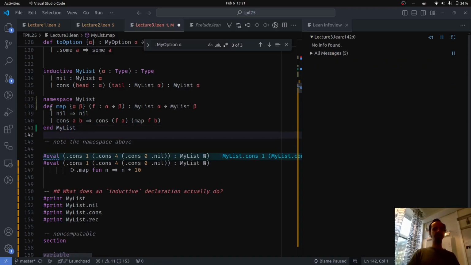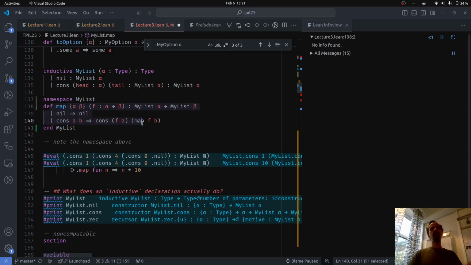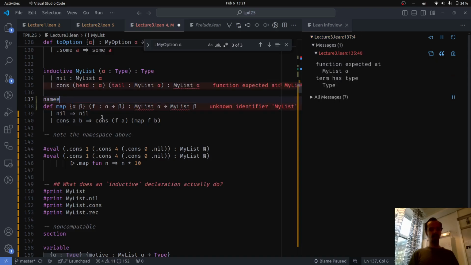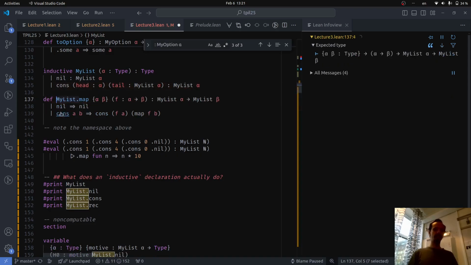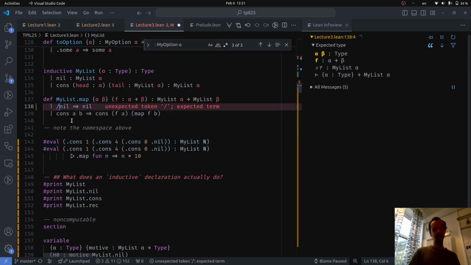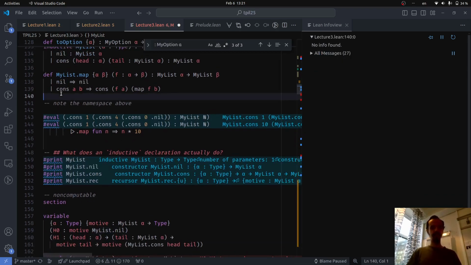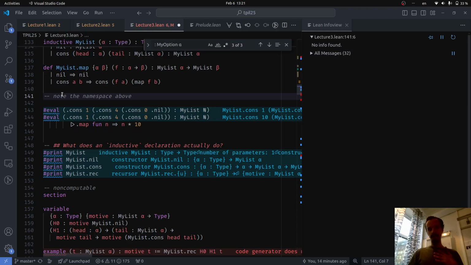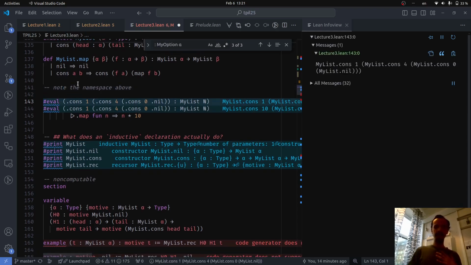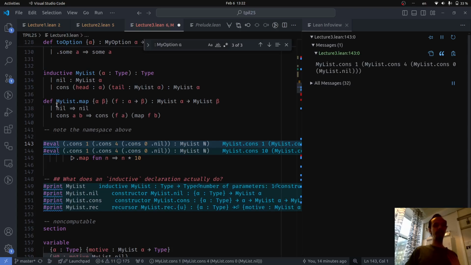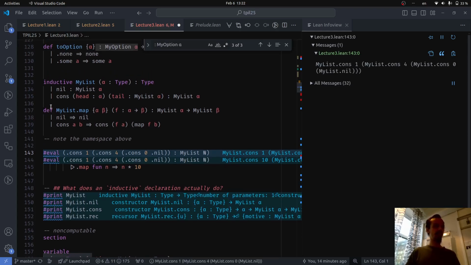So everything inside this def is resolved as though it were inside the namespace my list. So that's why I don't need to use the dot here. I can, but I don't need to use the dot around nil and cons, and it's not resolving to list cons or something. Okay, and we can evaluate these things. These have sort of compiler versions.